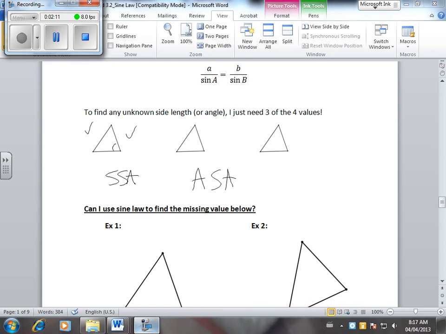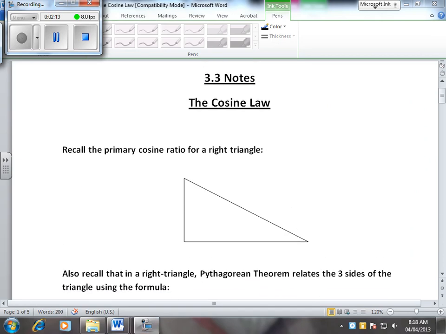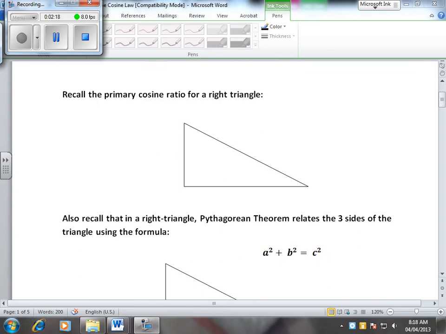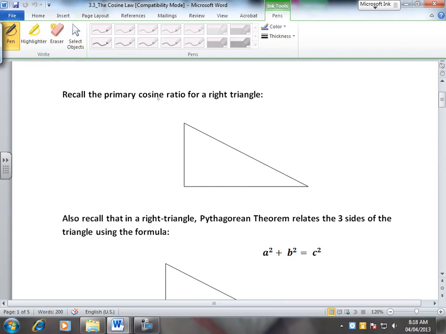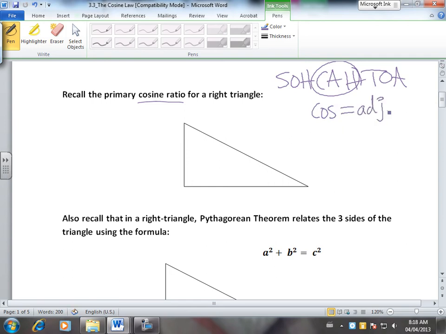Okay, so now we're going to work with cosine law, and again, we're still working with acute triangles. So when we work with a triangle and we want to know our original or our primary cosine ratio for a right triangle, if we look at SOHCAHTOA, we're looking for this one, and cosine equals adjacent over hypotenuse.